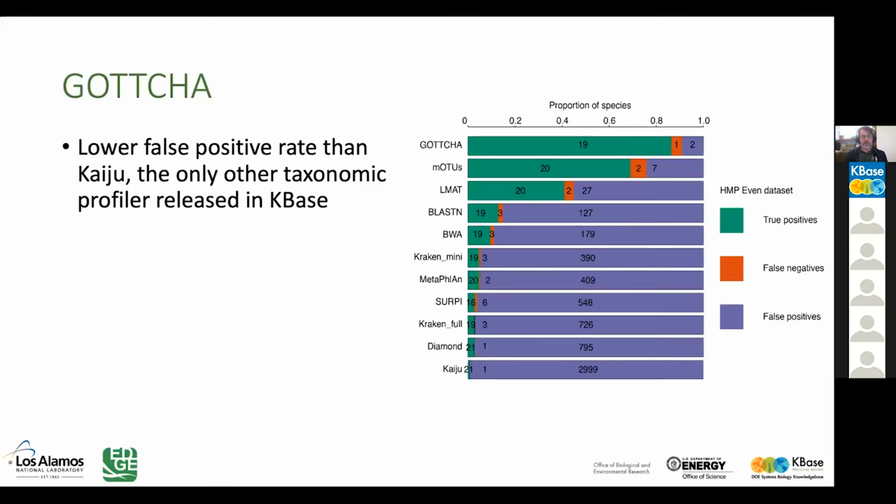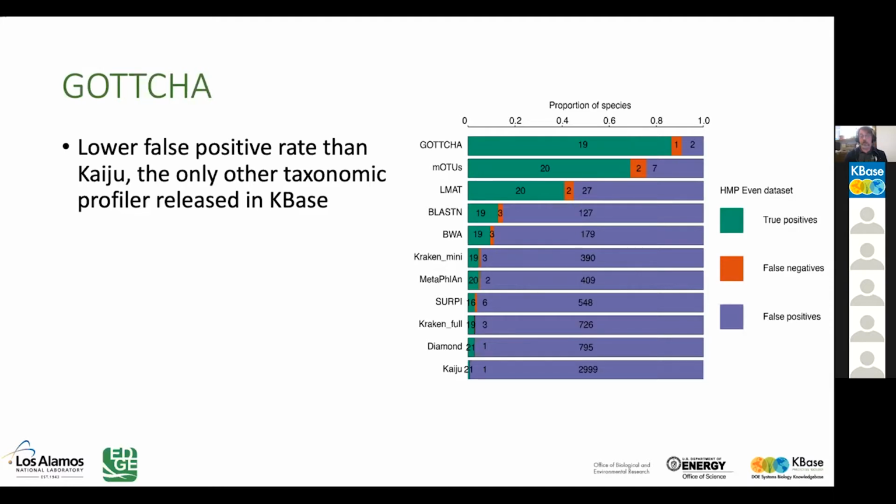I think somebody else has done this analysis where they compare the different taxonomic profilers, looking at true positives, false negatives, and false positives. You can see from this graph that Gotcha2, Kraken, Kaiju, and Centrifuge all pretty much come up with the same number of true positives.